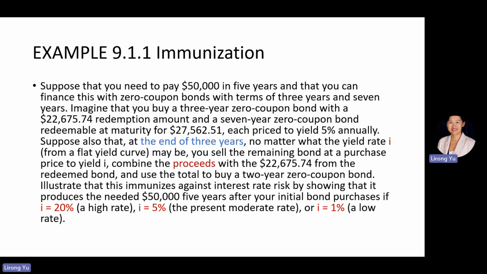Okay, so basically the 3-year zero coupon bond is your cash flow at time 3. That's for the 3-year zero coupon bond. But the 7-year zero coupon bond did not expire at time 3.